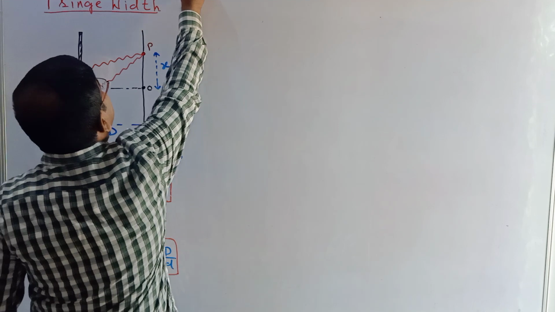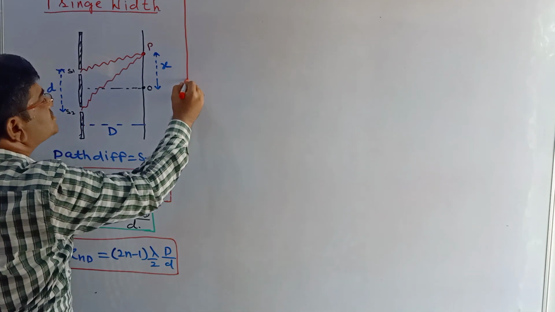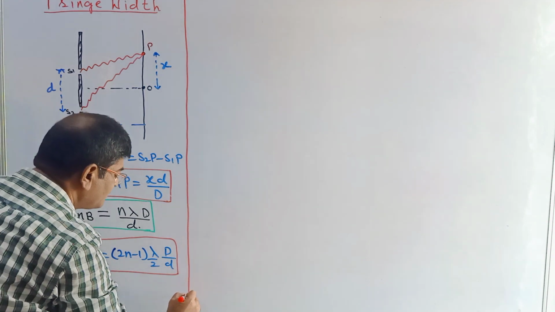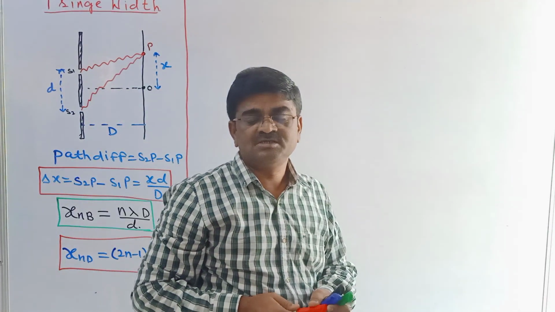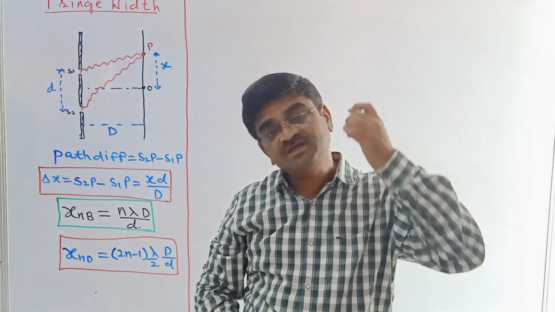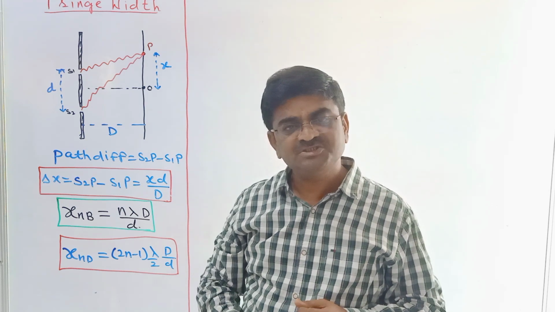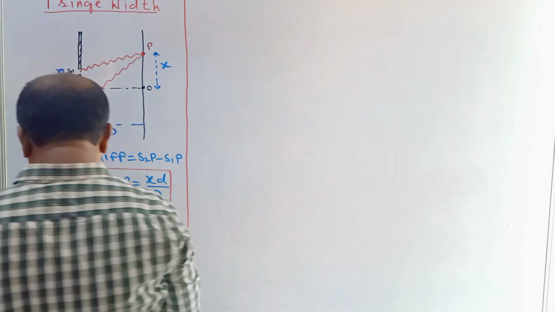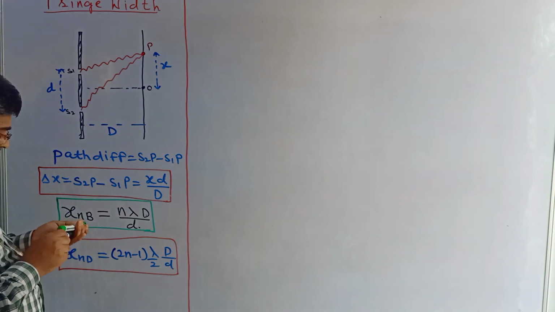Now once I am ready with this, position of the nth bright band, as per the basic definition, you know, separation between consecutive bright or consecutive dark will give us a fringe width. On the screen, I am using a monochromatic light.